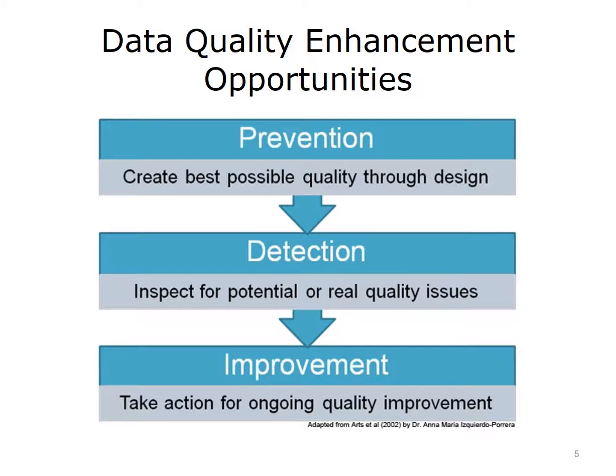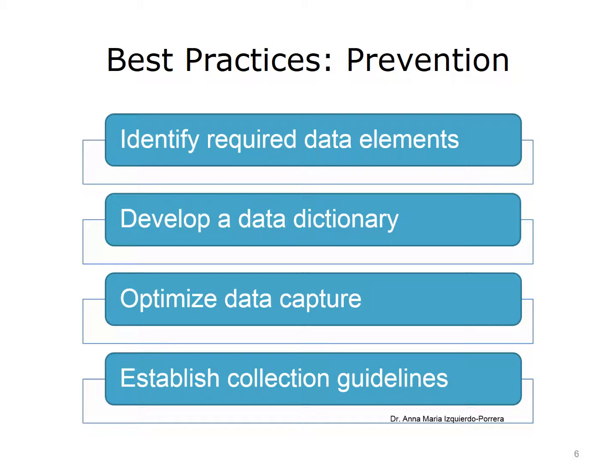You will seek to create the best possible quality through the design of the application, the data collection process, and subsequent reports or analyses. You will implement activities to detect potential or real flaws that can pose threats to data quality, and you will take corrective actions to improve data quality. Let's recap what some of those activities include under each of the three areas.